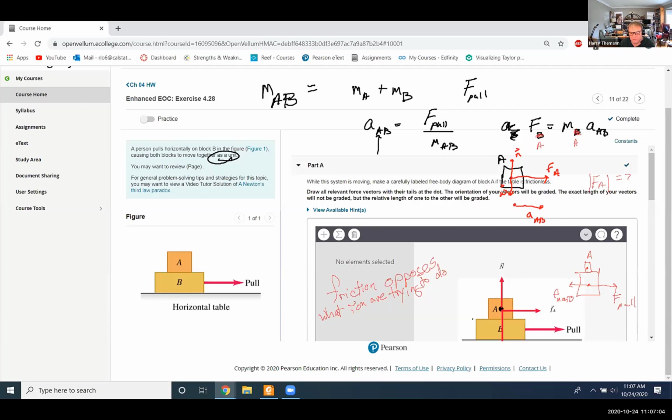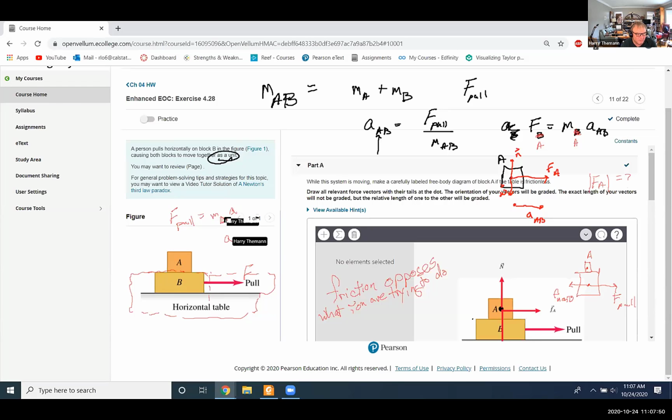Yeah, of course it is this, because if I were peeking in on this system in a box, and all I could see was block B, and I knew the magnitude of F pull, then F pull equals mass B times the acceleration.